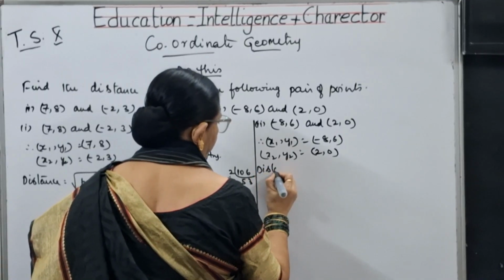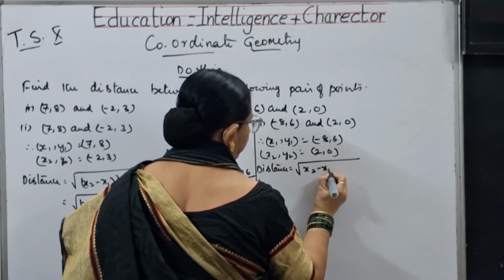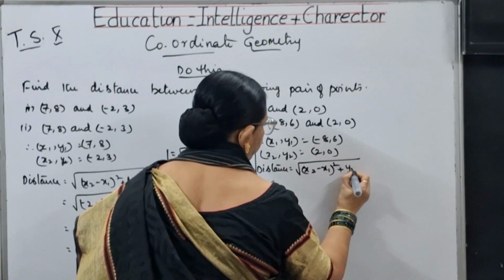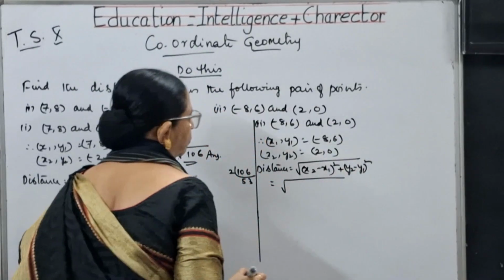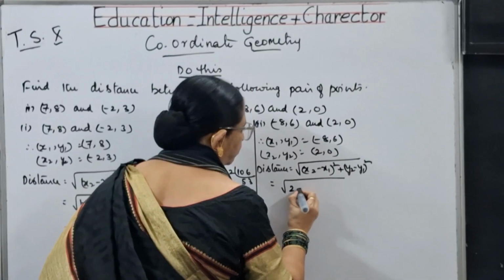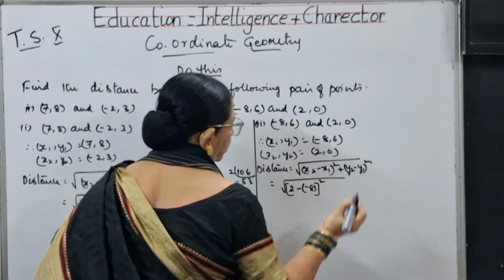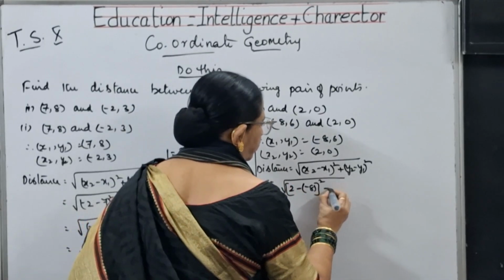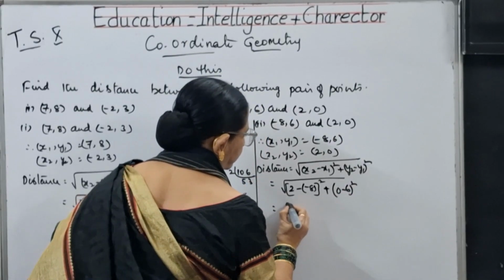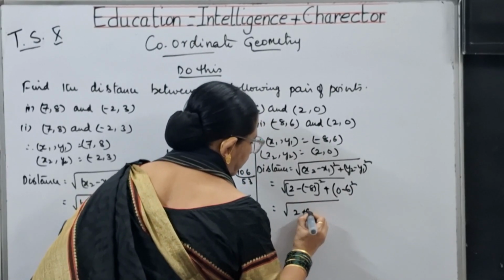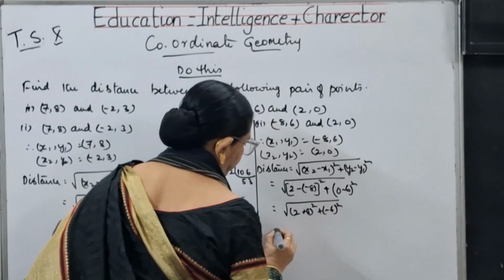So, distance formula is root of (x2 minus x1) whole square plus (y2 minus y1) whole square. So that is equal to root of, what is x2? (2 minus x1, minus 8) whole square. So the sign will change because of the bracket here, plus (y2, 0, minus y1, 6) whole square.